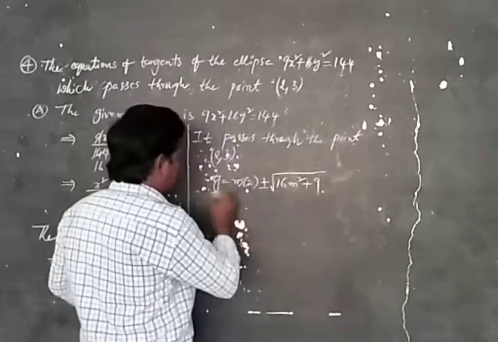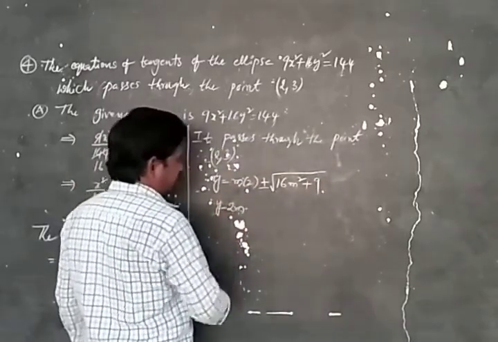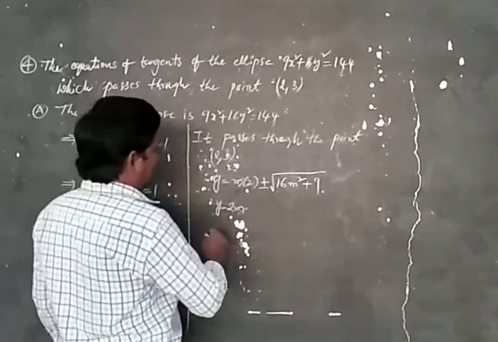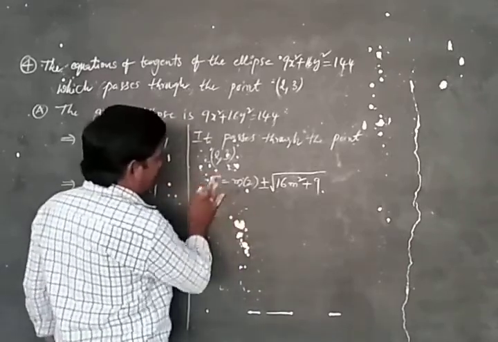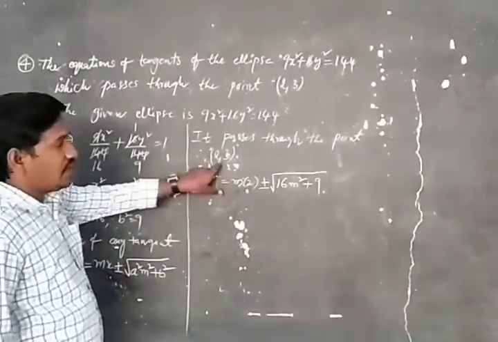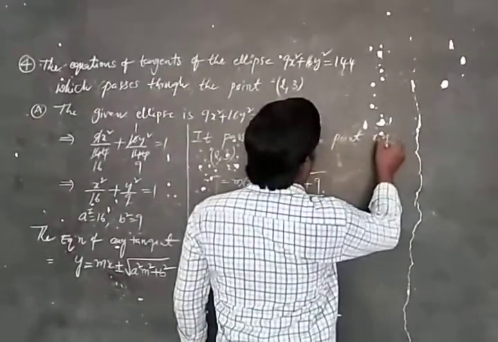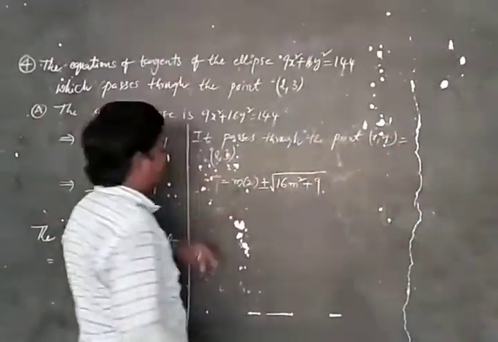By the transposition, y minus 2m. Here x equal to 2 and y equal to 3, the point (2, 3).